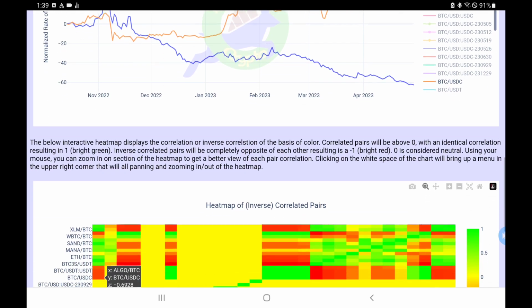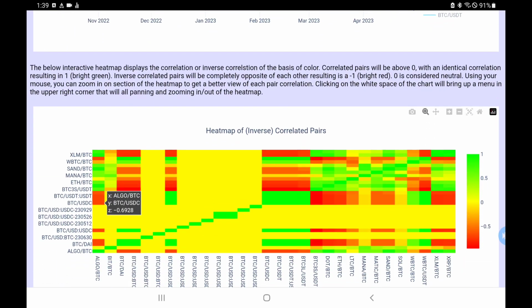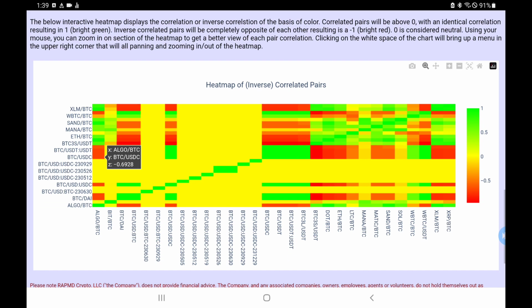Now I demonstrated what a full correlation looked like on the Forex. Let's see what no correlation looks like. I'm going to ignore the contracts with the zeros or with the numbers. Okay, Sand and Mana, both BTC.